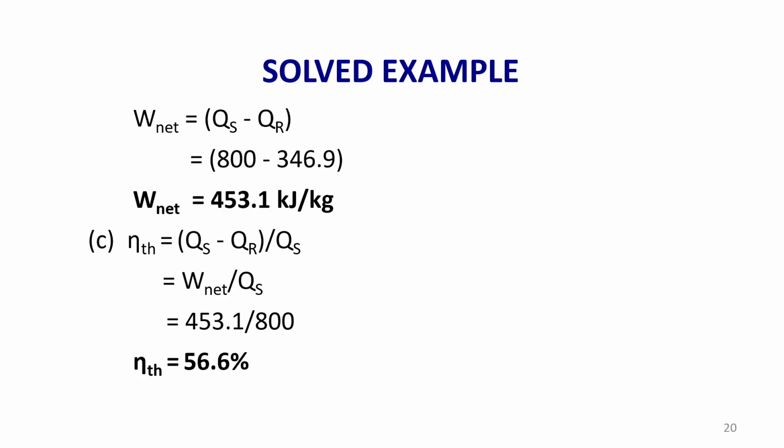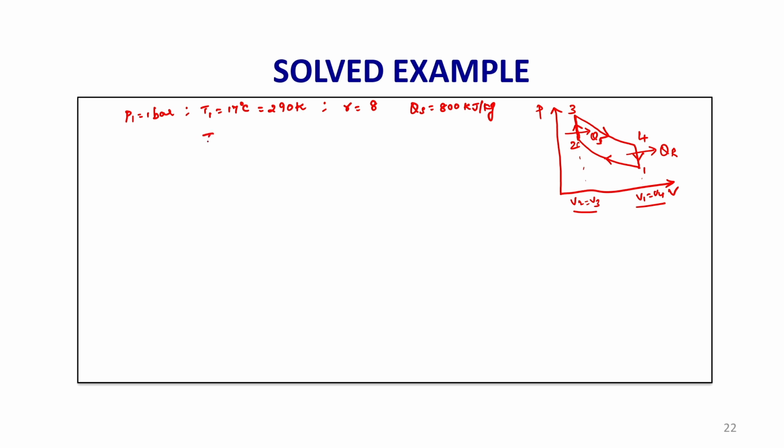The same correlation which I used during the derivation: T2 by T1 is equal to V1 by V2 whole power gamma minus 1. Gamma is taken as 1.4, the standard value, unless otherwise mentioned, it is always 1.4 for air, because the Cp of air is constant, 1.005 kilojoule per kg Kelvin, and Cv of air is constant, 0.717 kilojoule per kg Kelvin.